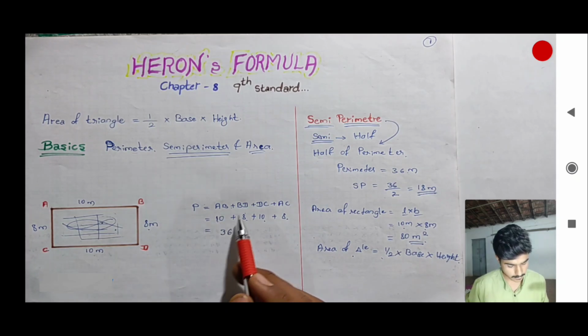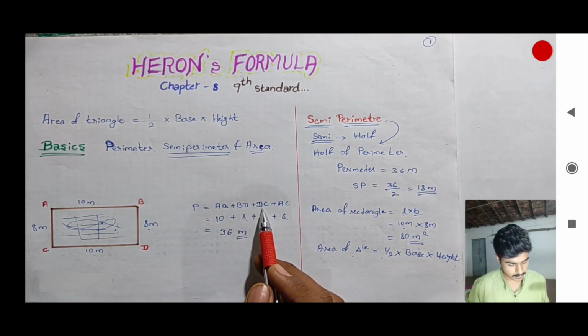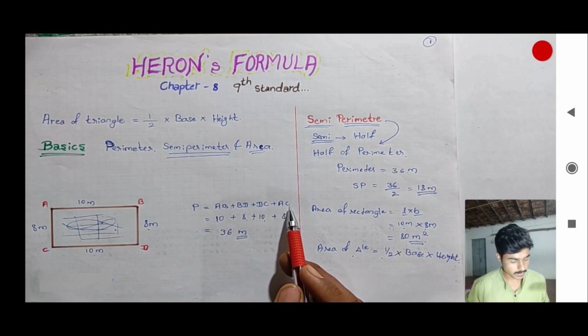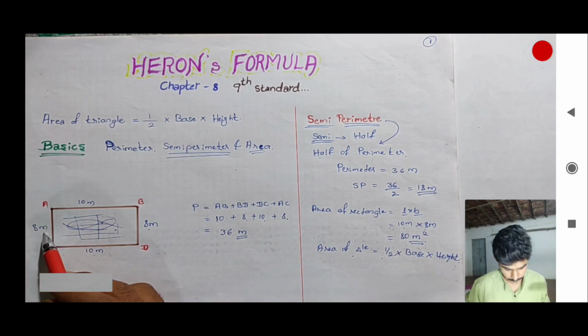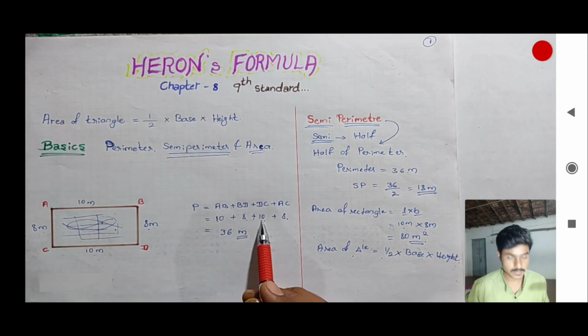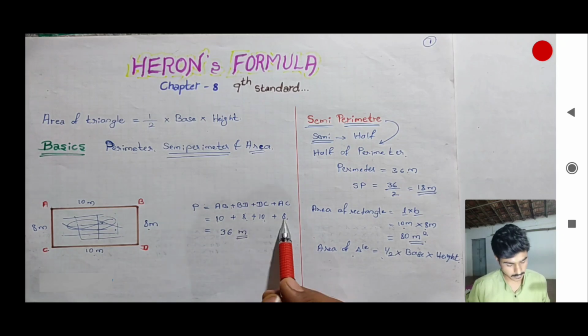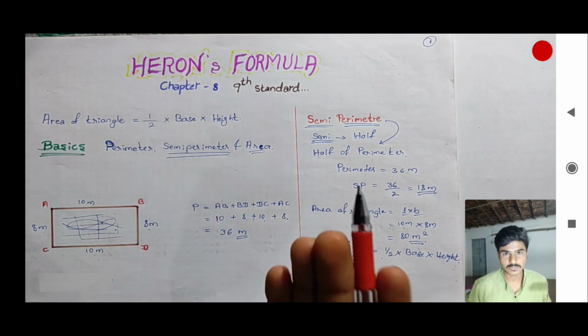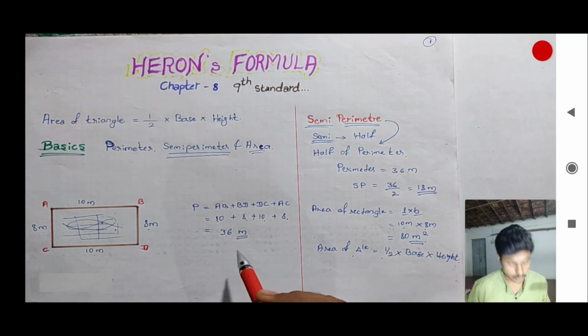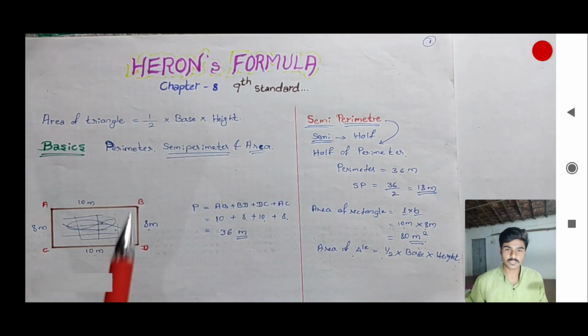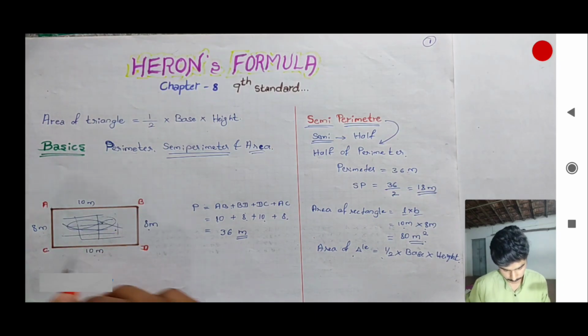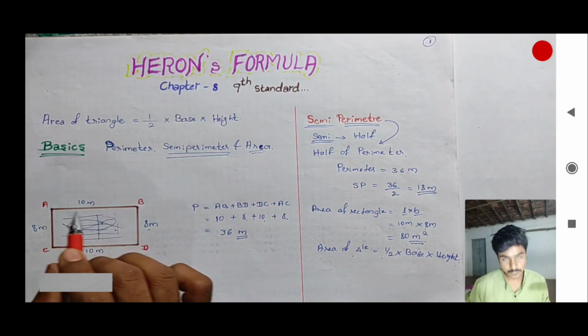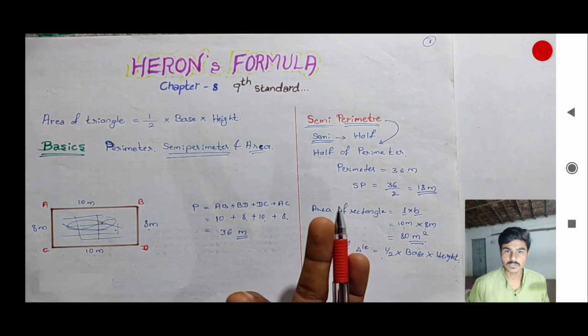AB is 10 meter, BD is 8 meter, DC is 10 meter, and likewise AC is also 8 meter. So 10 plus 10 is 20, and 8 plus 8 is 16. So 20 plus 16 is 36 meter. This is how we find the perimeter. Perimeter is nothing but this outline. We add all the sides so that we get the perimeter.